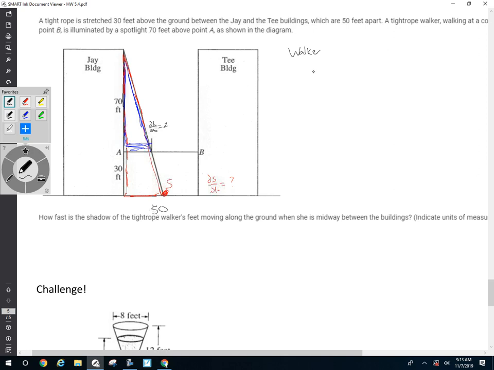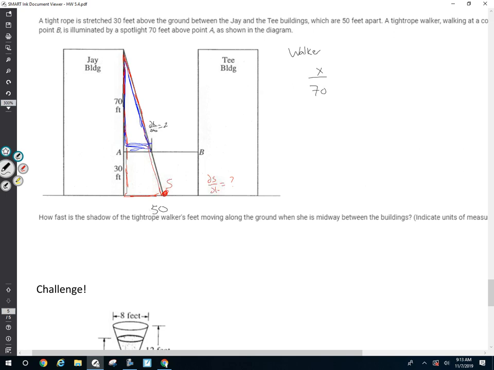We've got a changing distance x over 70, and then for the shadow I have s over 100.